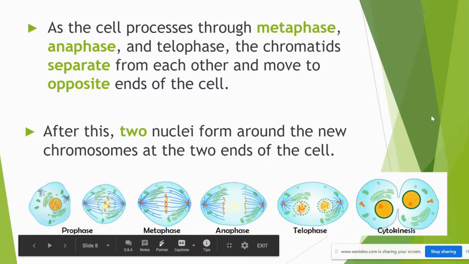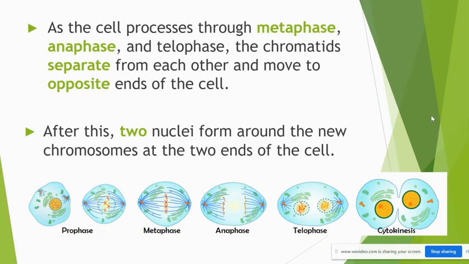Then, as the cell works through prophase, it goes through the other phases as well, metaphase, anaphase, and telophase. And through this process, the chromosomes line up, the chromatids separate, the cell starts to stretch, and then new nuclei start to form, and eventually the cell starts to split and create two new cells.